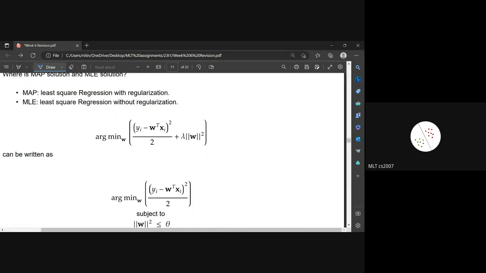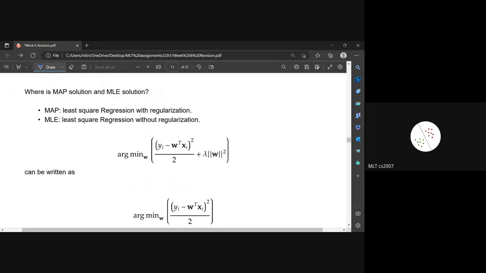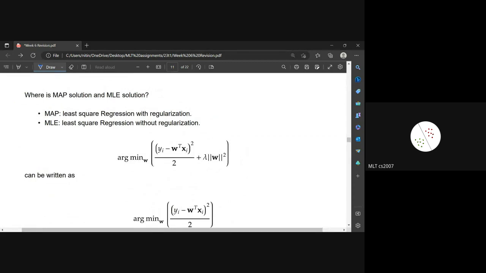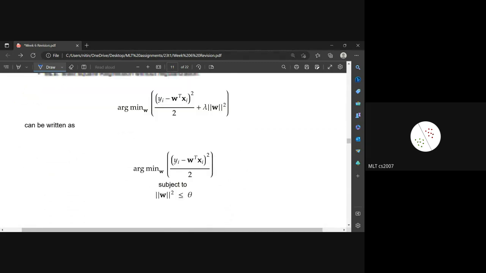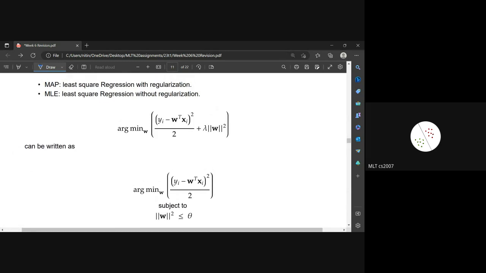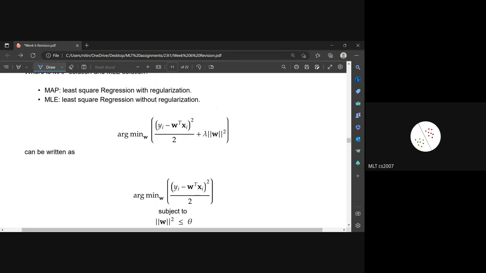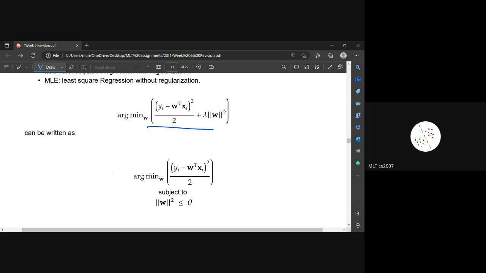Okay, so now we'll try to see the locations of these two estimators geometrically. So now this was our actual optimization problem where we are trying to minimize this thing, right? Can this problem be written like this, claiming that these two optimization problems are equivalent?